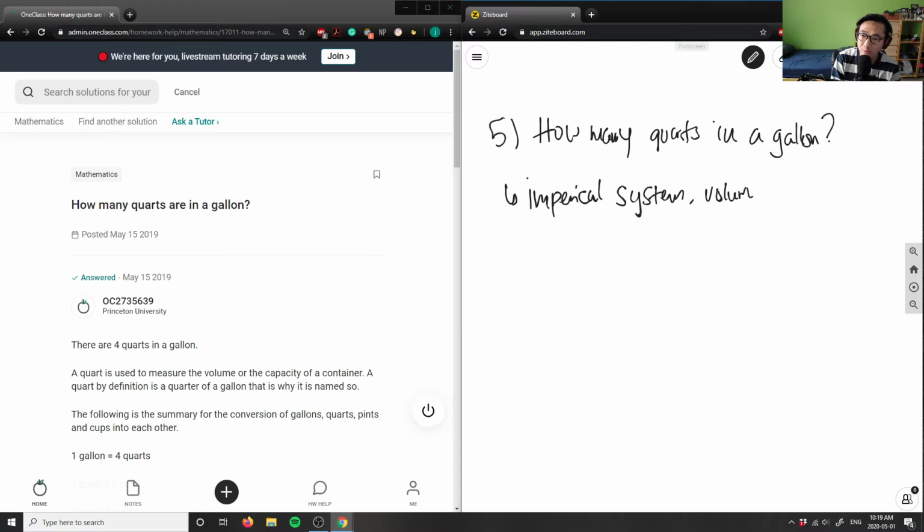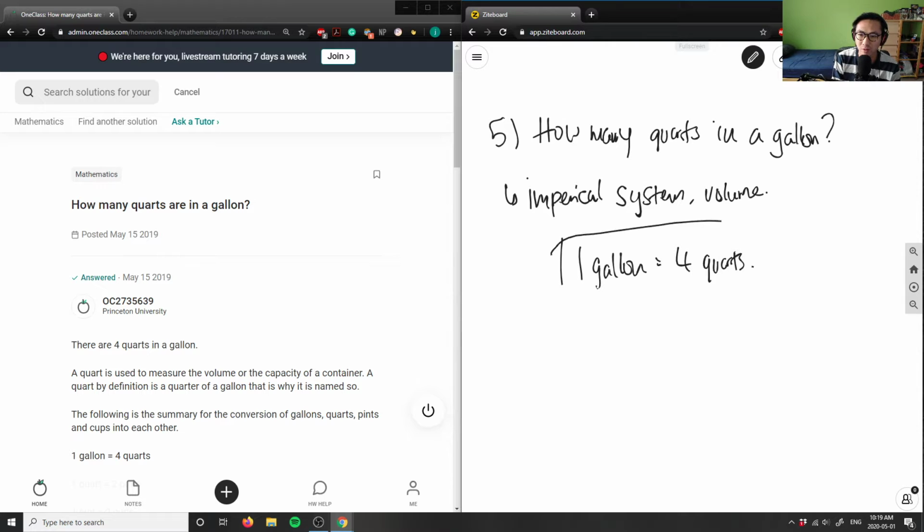I know that 1 gallon equals 4 quarts, and I know the relationships between quarts, pints, cups, and fluid ounces, but the question is simply asking how many quarts are in a gallon.